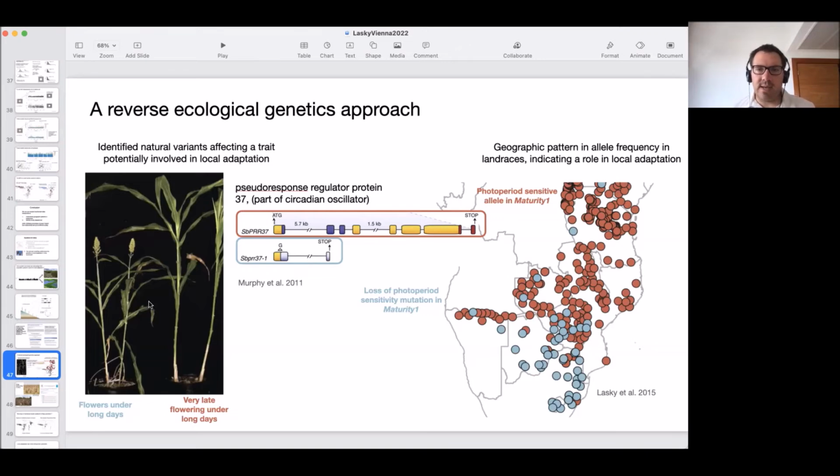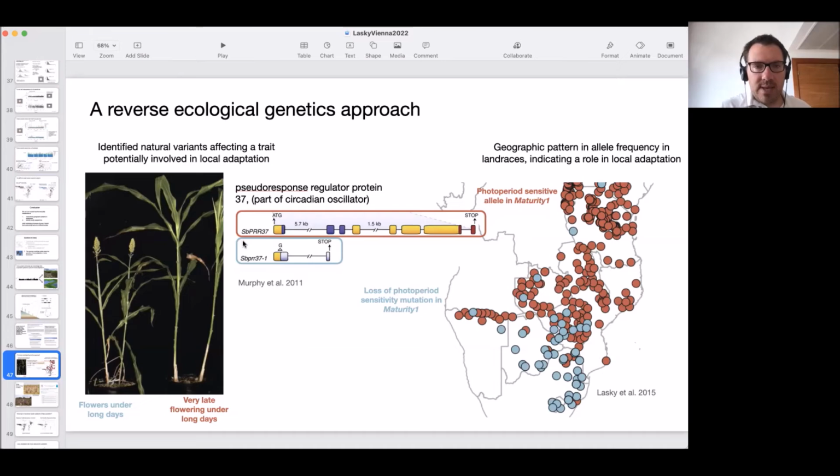So in this case, we're taking work from Murphy et al., where those authors, from a linkage mapping population and subsequent work involving crosses and complementation, showed that this gene that's involved in the circadian oscillator has a loss of function allele that underlies an ability for sorghum to flower under long days.